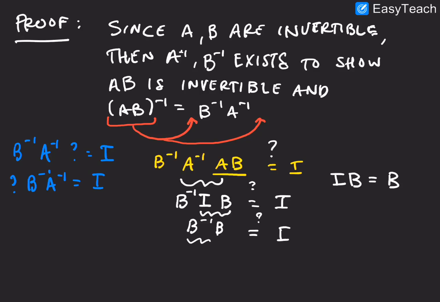But then we say that B inverse times B is equal to the identity matrix, and we prove that. Now we need to prove the one on the left. Okay, so we'll take that to the next page, and we'll do it again.